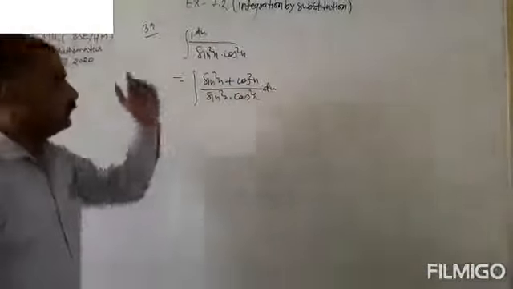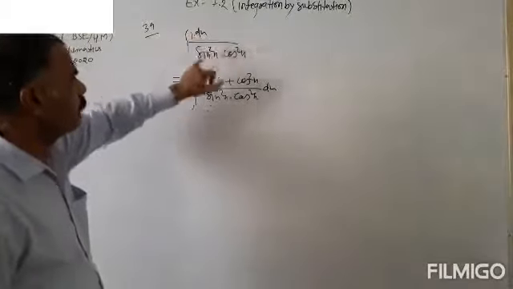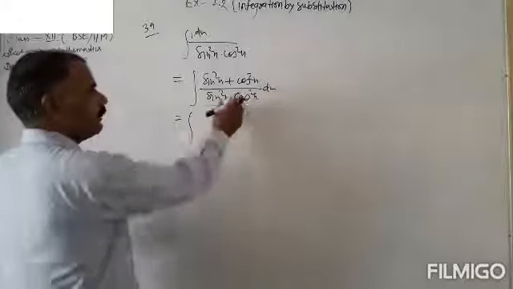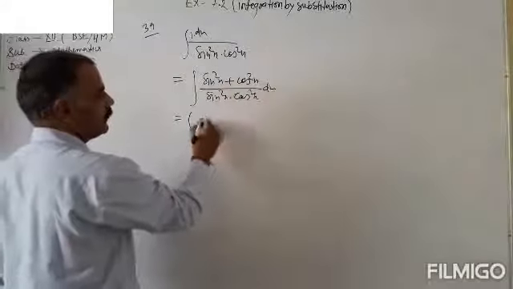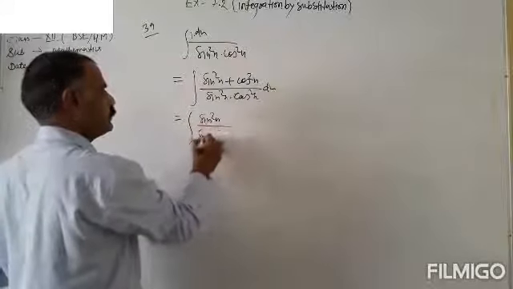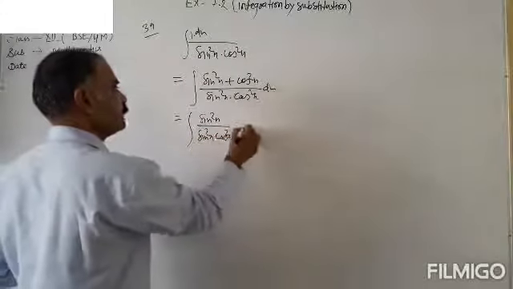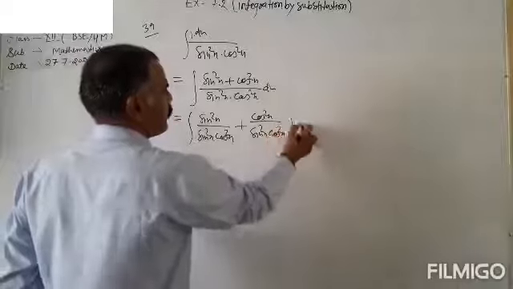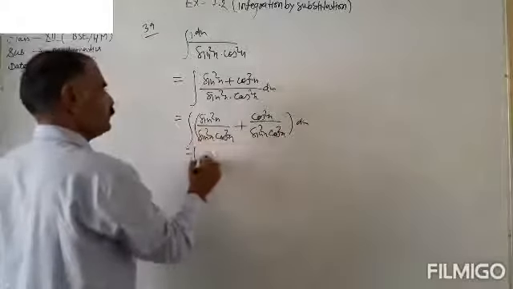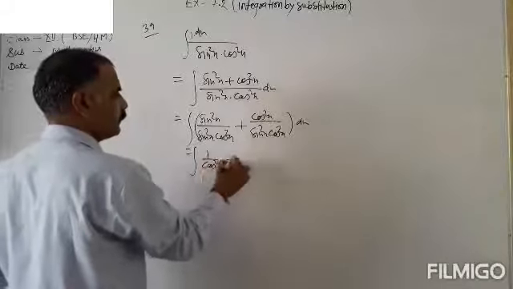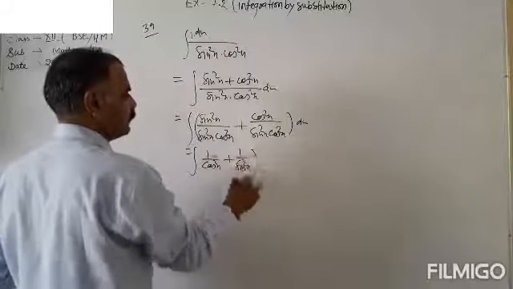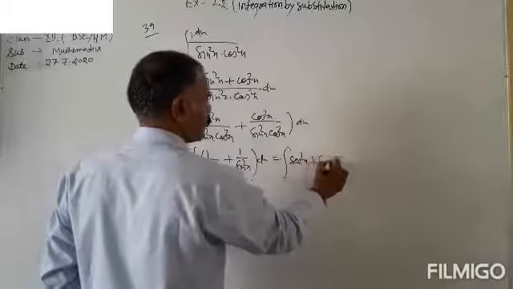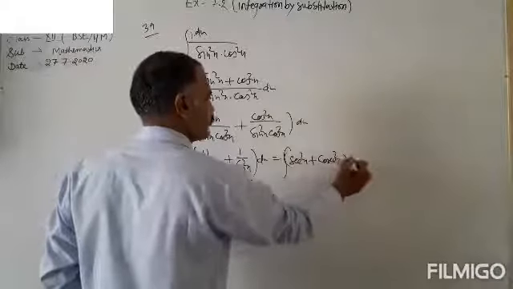So this is the hint for this question: in place of 1 you have to put this identity, and after dividing each term by the denominator, we get sin square x upon sin square x cos square x plus cos square x upon sin square x cos square x, dx. So this equals 1 upon cos square x plus 1 upon sin square x, dx, which equals sec square x plus cosec square x, dx.